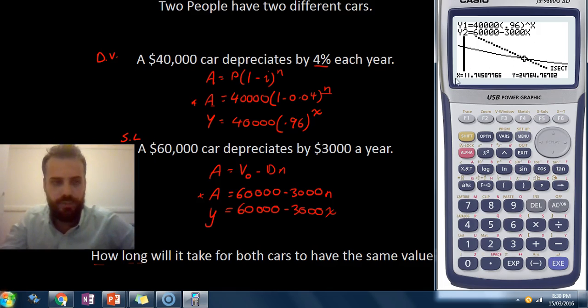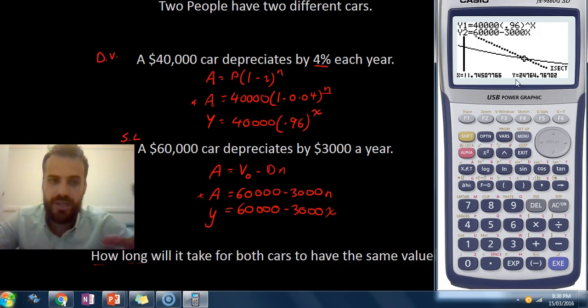Now, to interpret this answer, X was your number of years. So X is 11.745 years. So after 11.745 years, these two cars will be at the same value. Now our Y is the value of the cars.